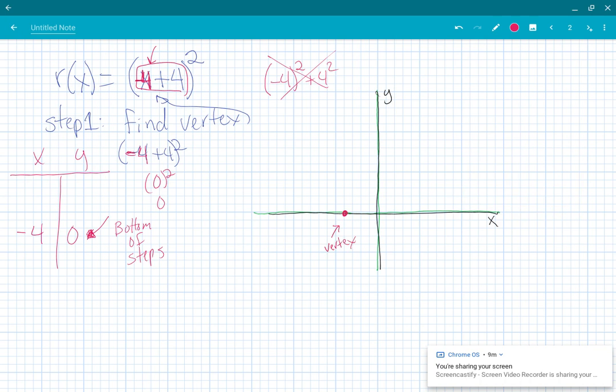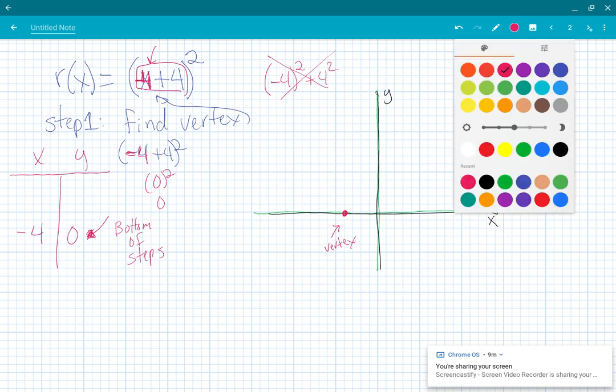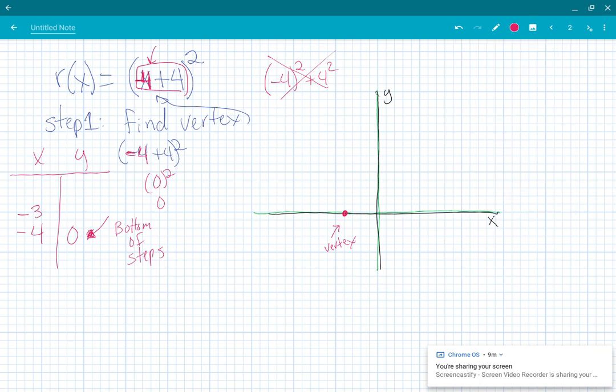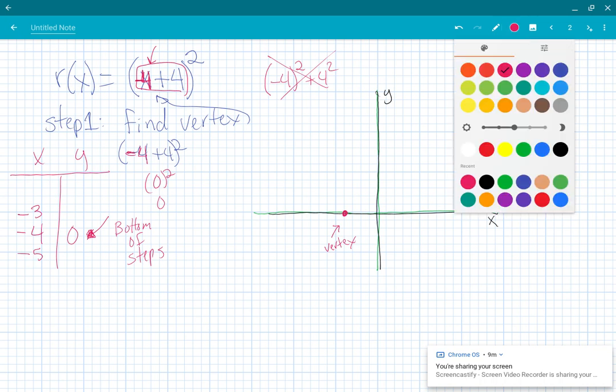All right. So what number is next to -4? You want to do -3 or you want to do -5? Which one you want to do? Do you want to do this one or this one? -5. All right, let's do -5, okay?